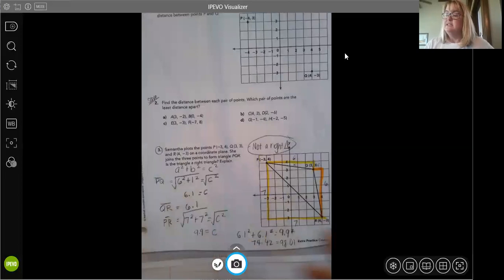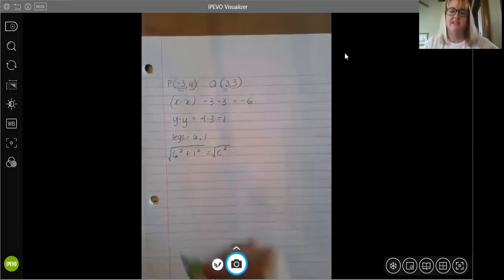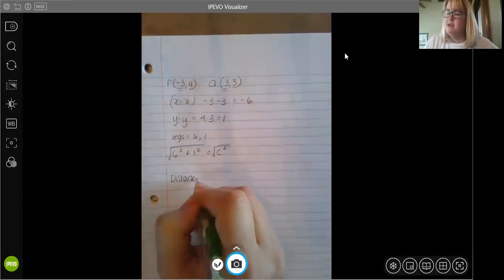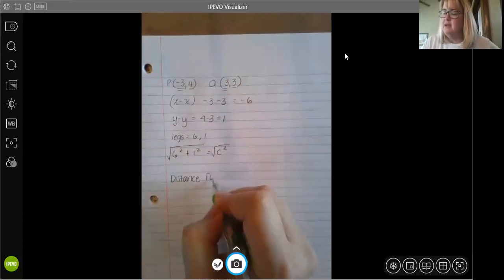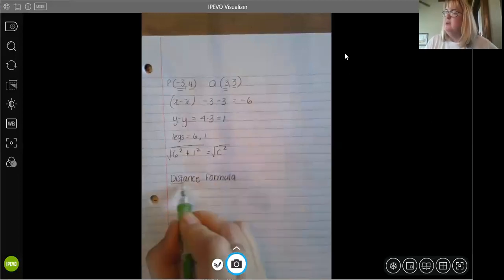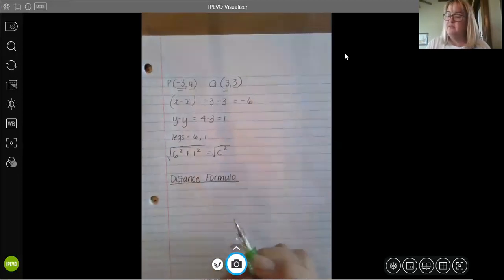All right. So let's look at a few together on how to do the distance formula. Actually, let's write the distance formula. I want you to write this somewhere, maybe on your paper, maybe in your notebook. If you want to find the distance between any two points, all you need to know is the ordered pair for those points.